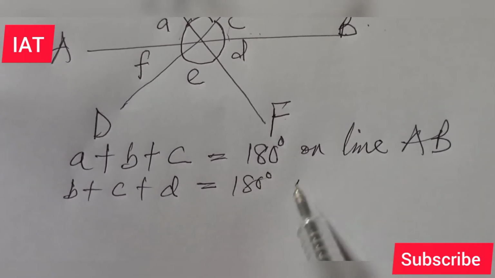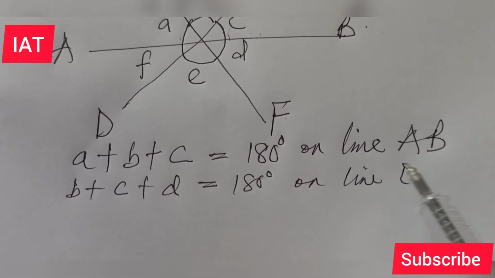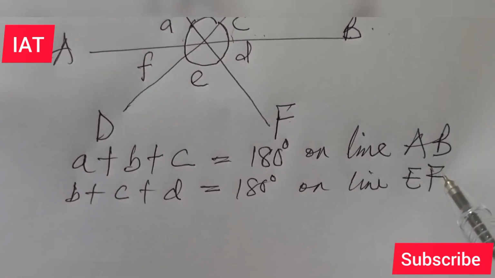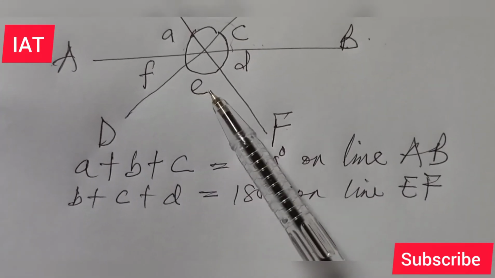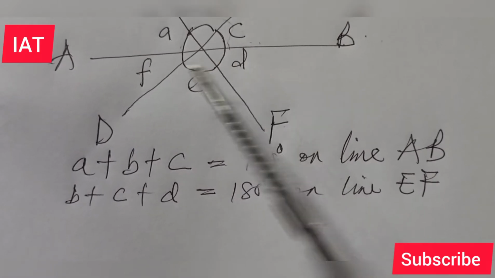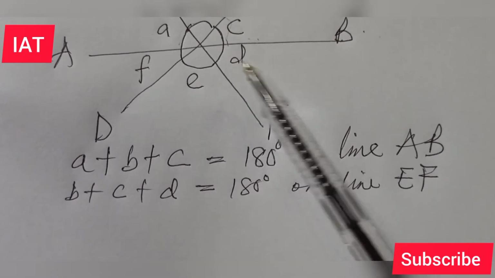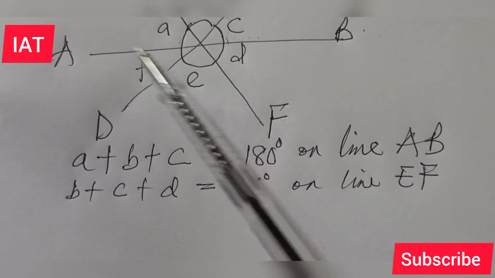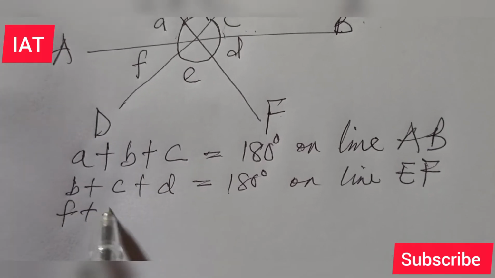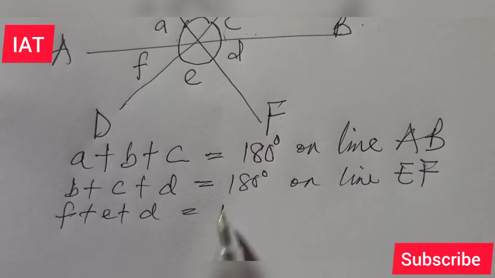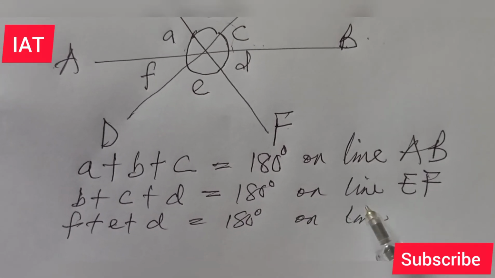The same reason, angle on a straight line, and this is on line EF. We also have another one: F, E, and D all lie on line AB. So F plus E plus D will be equal to 180 degrees because this lies on line AB.